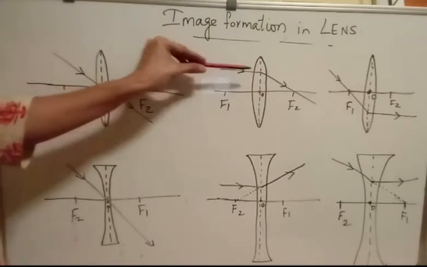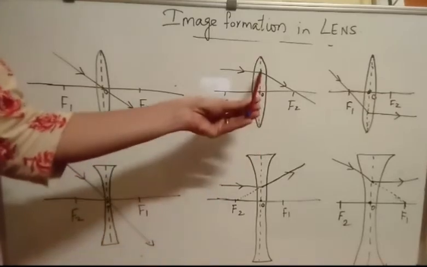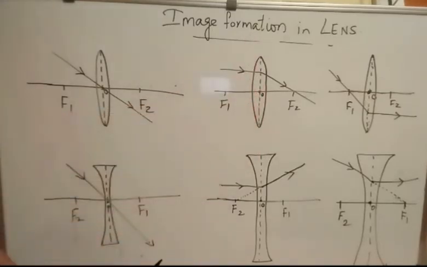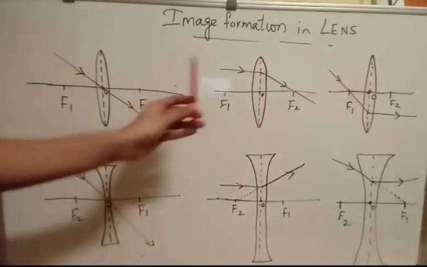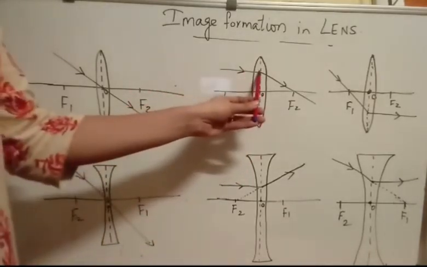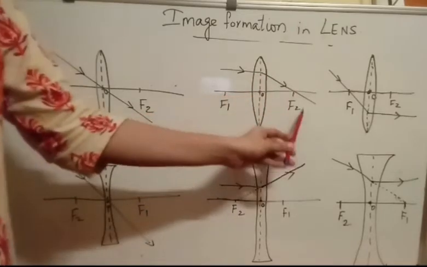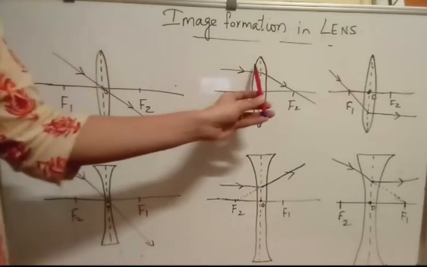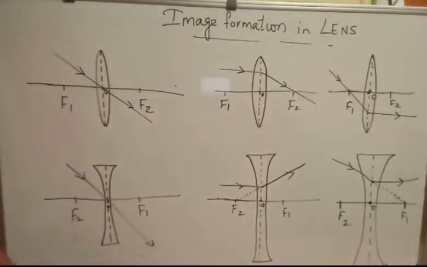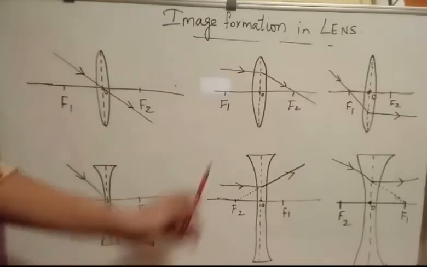So the ray should strike which line? The central line. That is where the refraction is to be shown. We are taking only one refraction at the central line. The parallel ray on striking the lens will get refracted and will pass through the focus f2. That is the second ray which we can consider.